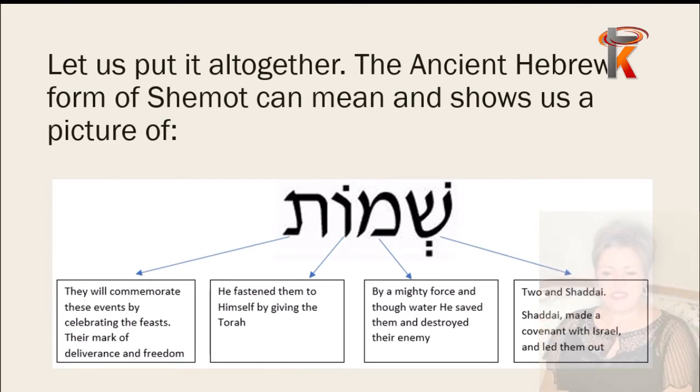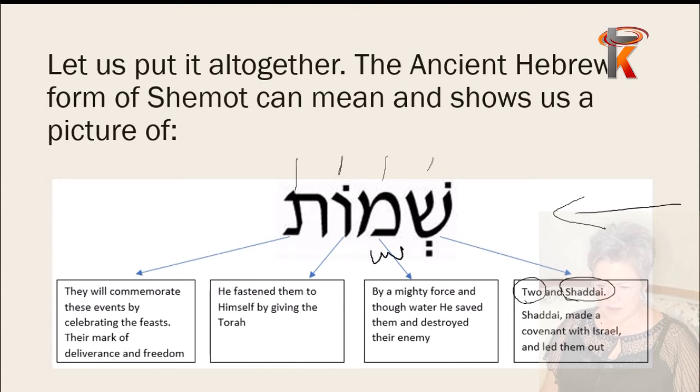But if we put these letters together, the Shin, the Mem, the Vav and the Tav, then we get this. I'm just going to read it now. Remember, Hebrew we read from right to left. Shem and Shaddai, Shem also means covenant. Shaddai, the one who cares, the great God. Shaddai made a covenant with Israel and led them out by a mighty force and through water, he saved them and destroyed their enemy.